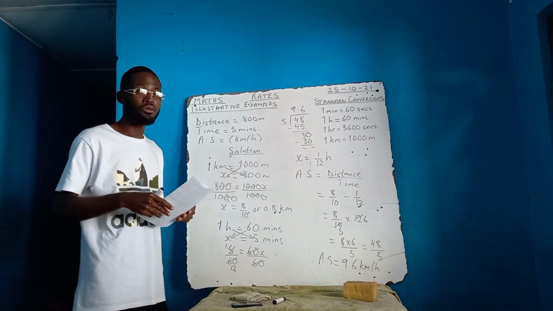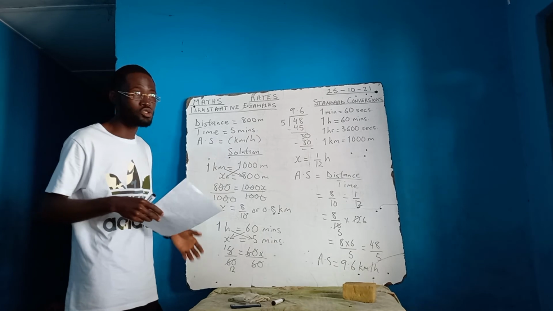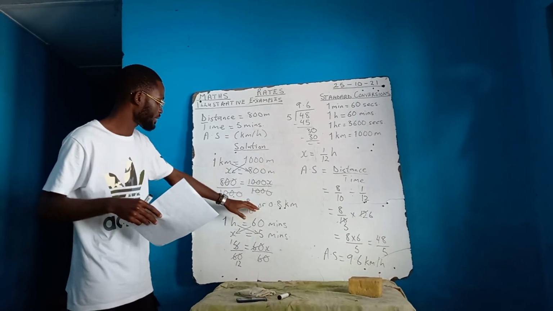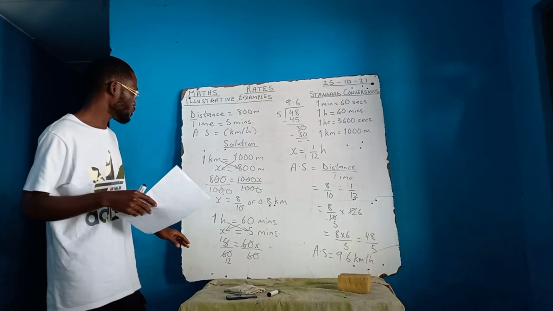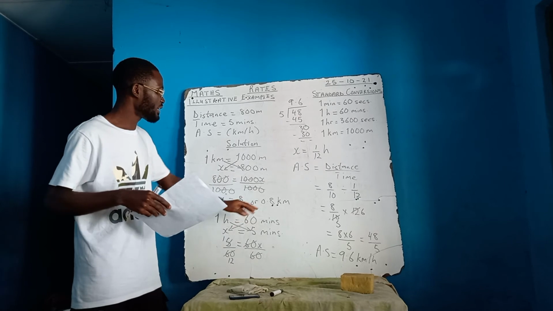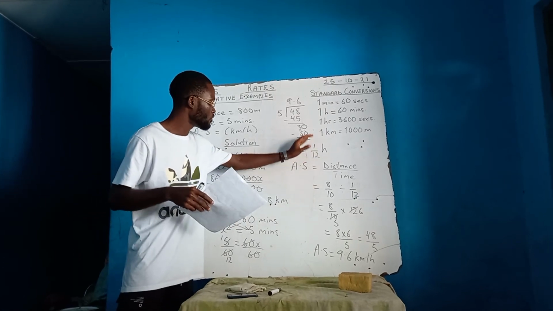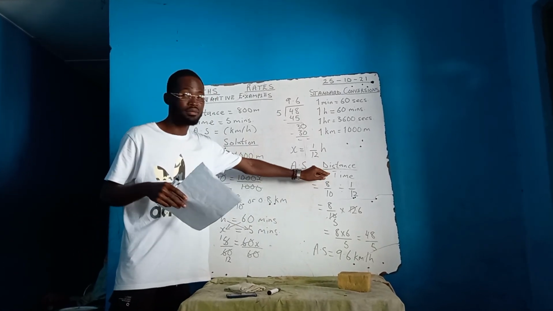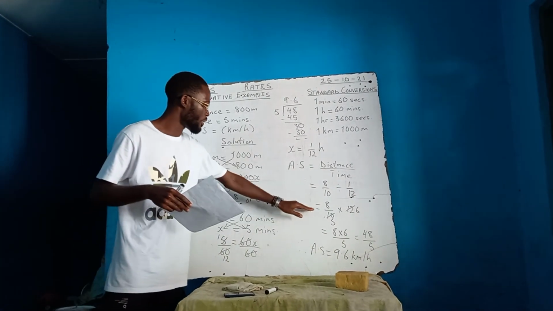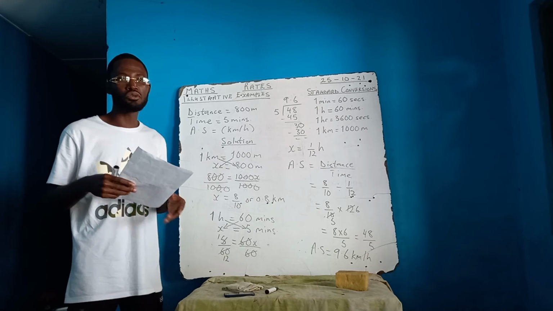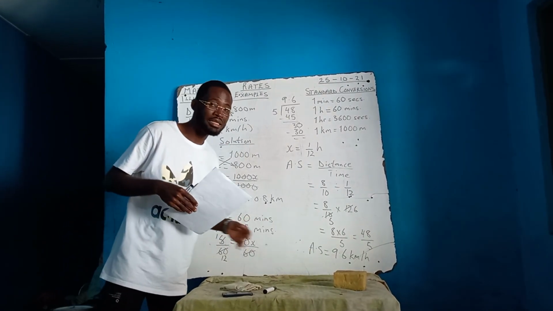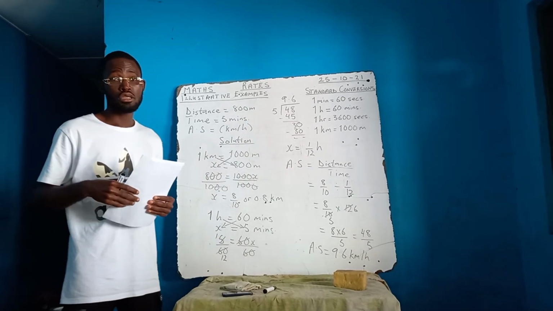So if you really follow my lessons so far, you realize that we've manipulated the distance to get our kilometers, and then we've also manipulated our time to get our hours, and then we finally substituted the new values into what? The formula for average speed. And for that matter, we've arrived, using the basic levels that we could ever have in math, at our answer as 9.6 kilometers per hour.